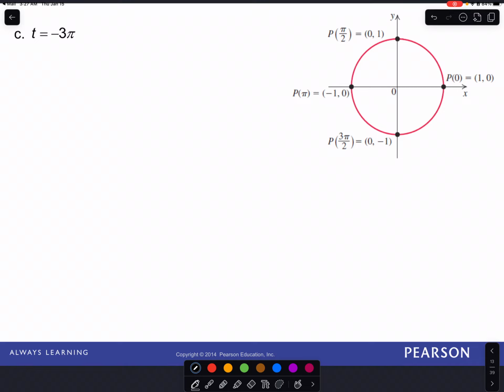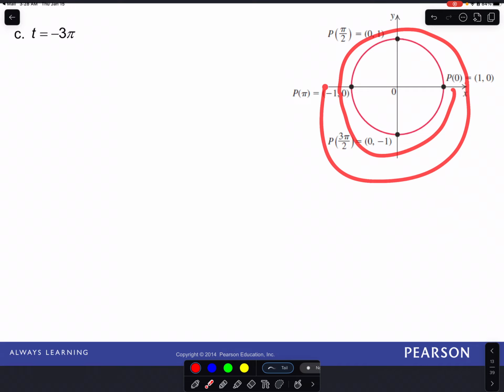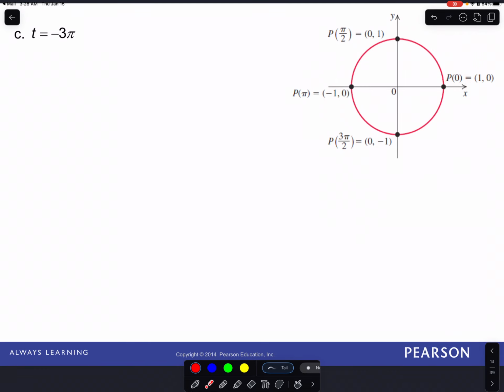Negative means we need to go clockwise, and we can just count by pi. So pi is like 180 degrees. Here's 1 pi. Here's 2 pi. So then 3 pi should put us here, right? Then p of a negative 3 pi should correspond to the ordered pair negative 1 comma 0.